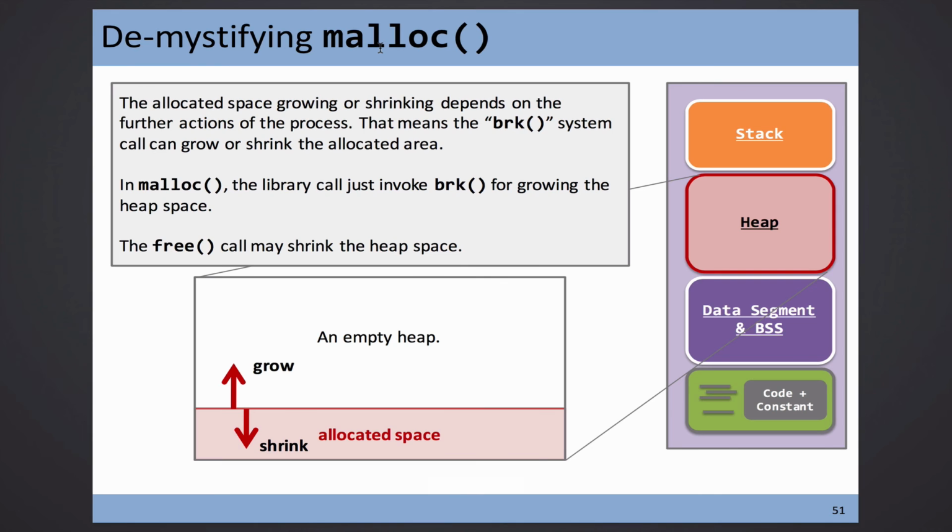Now the problem is, we only have one break line. Let's say you have one break line. How about I grow it whenever there is a malloc call? I grow it by that exact amount. And someone tries to free some old memory. Can I change it? Or how much do I grow?